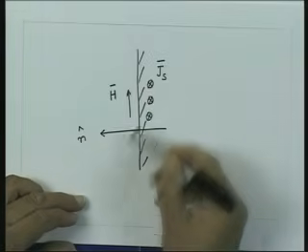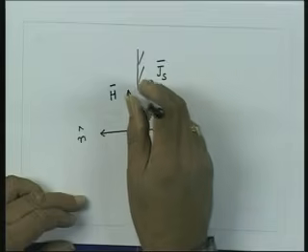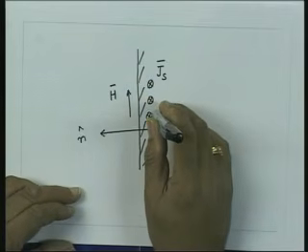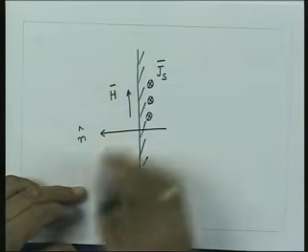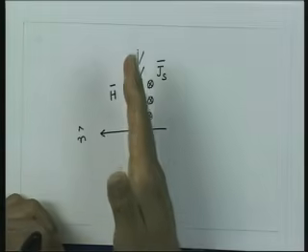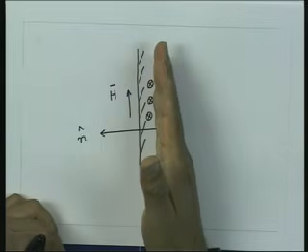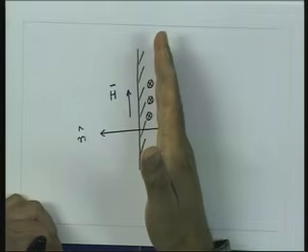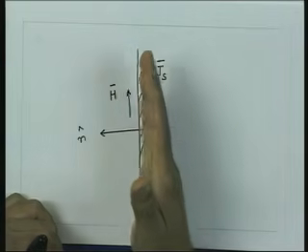So, basically there are two situations: the tangential component of electric field on the conducting surface is 0 but there are no surface currents, and the tangential component of electric field is 0 but there is surface current. In both situations the tangential component of electric field is 0 for an ideal conductor, but in one case we have surface current, and in the other case we may not. But if we have a surface current, then it must be balanced by the magnetic field.